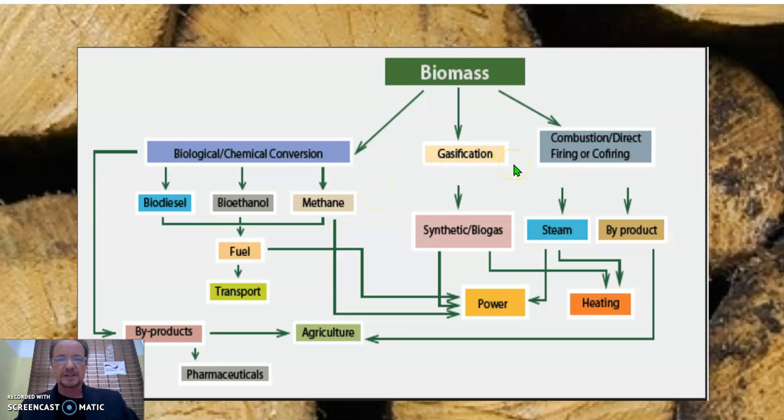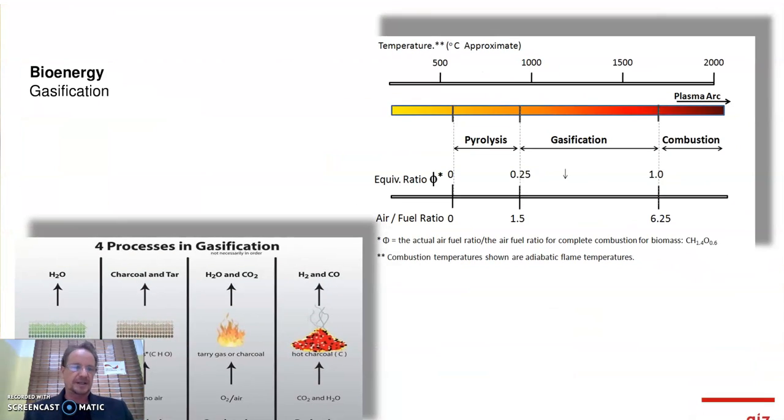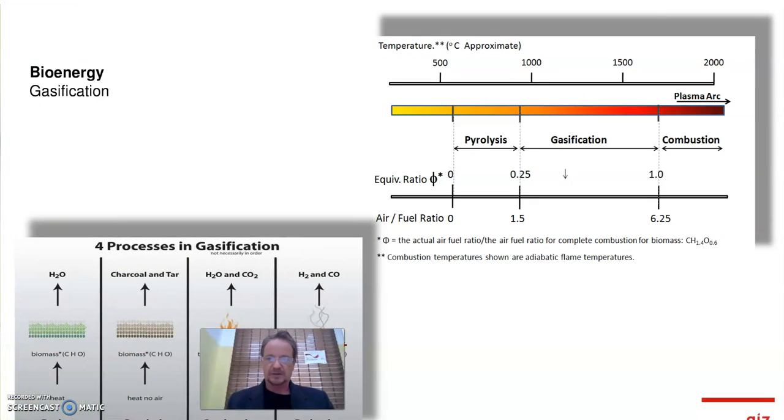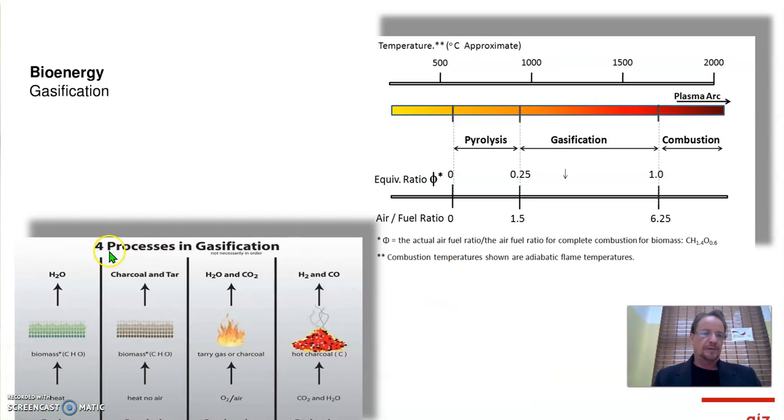Now we go into gasification, and that's a little bit more interesting, because in gasification we have four processes. At first we have to dry the biomass. What we are producing here, the outcome, is water, H2O.